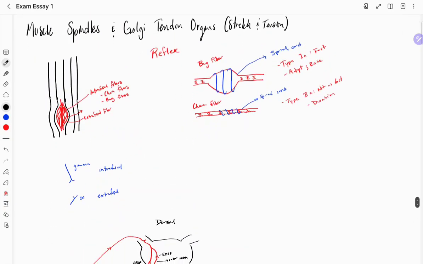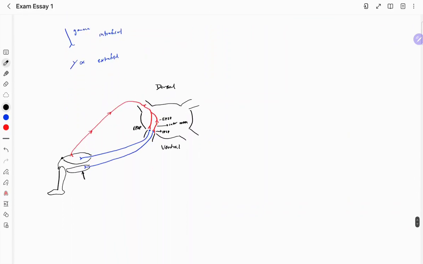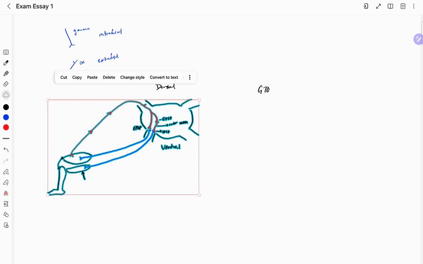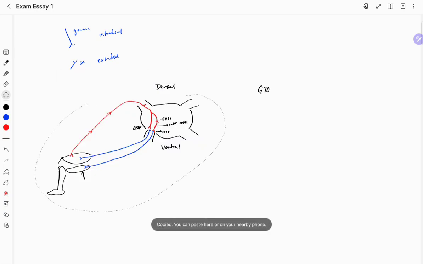Okay, now our Golgi tendon organs, abbreviated as GTO, work a little bit differently. So I'm just going to copy this here, so I don't need to draw that all again.